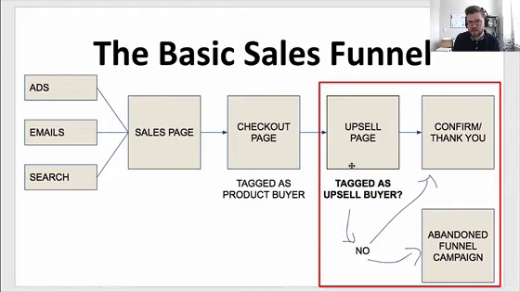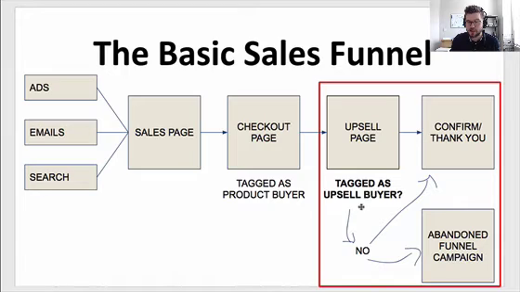So if you know what those are, and you see that somebody bought product A and then turned down your upsell for product B, in other words, they weren't tagged as a product B buyer, then that can trigger an automation to follow up with that customer because they abandoned the part of the funnel that was most important to you.